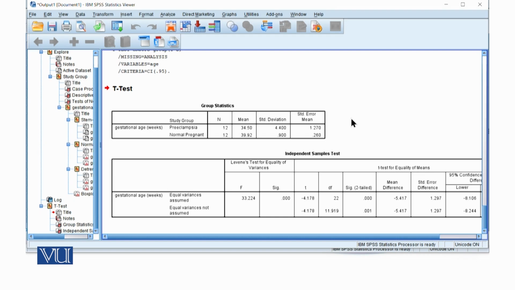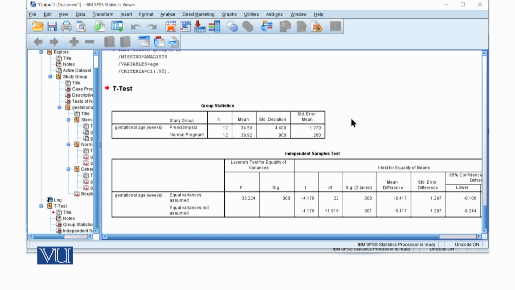Hence, our test statistic will be the F test statistic, and our calculation says that the F value is 33.224. Our decision rule, as usual, says that we reject the null hypothesis if the p-value is less than or equal to alpha, that is 0.05.